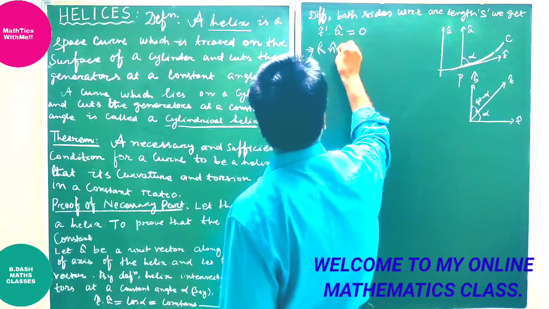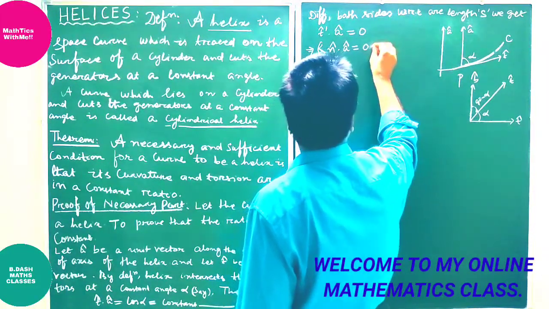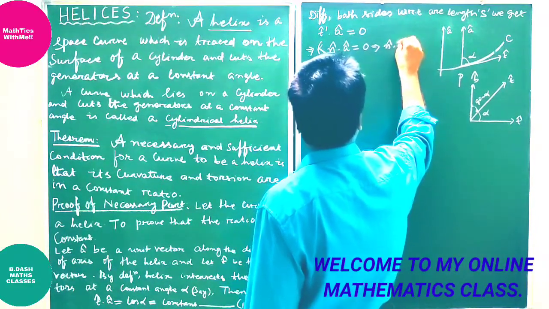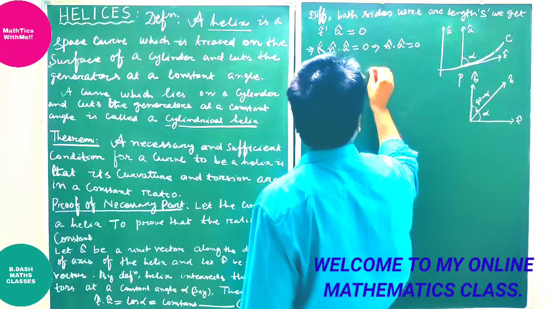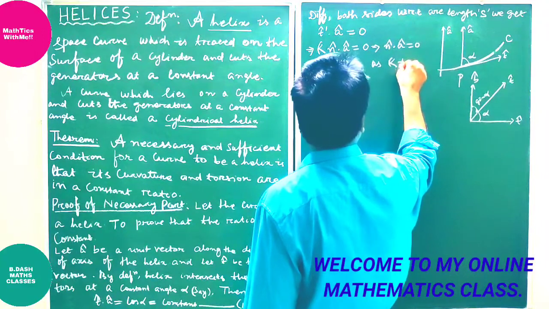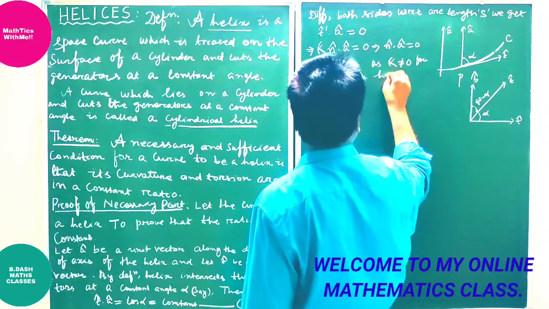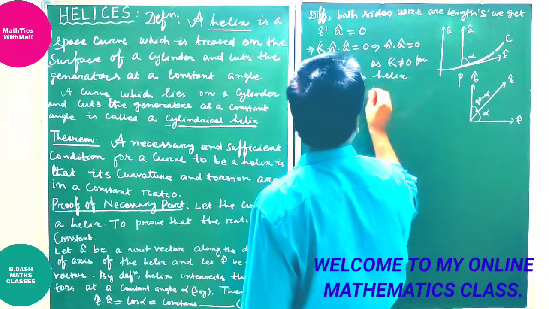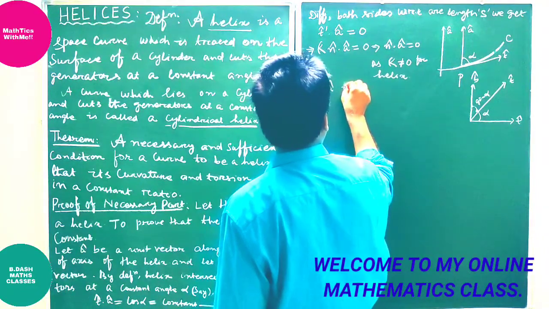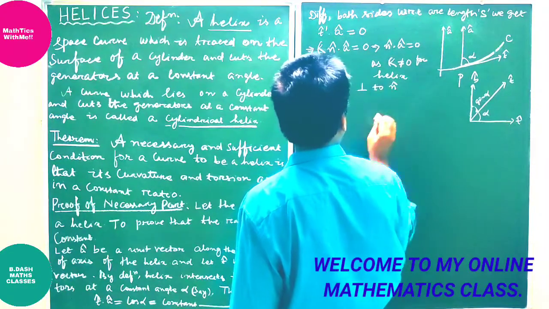So kappa n cap dot a cap is equal to 0. This implies n cap dot a cap is equal to 0 as kappa is not equal to 0 for a helix. This implies a cap is perpendicular to n cap.